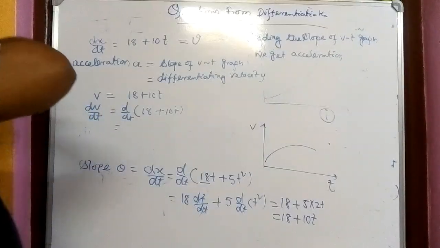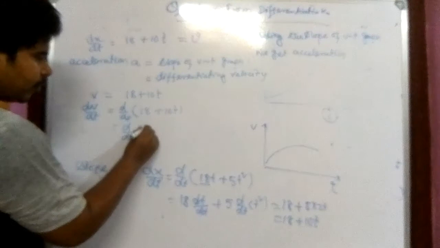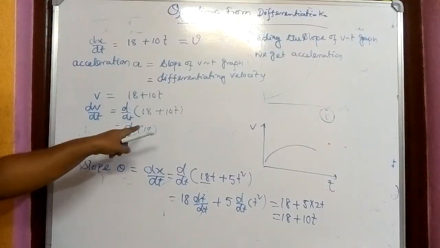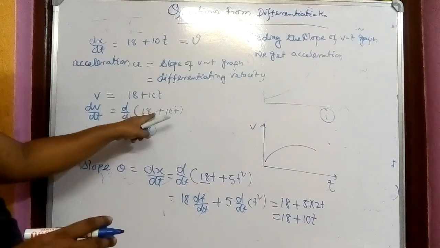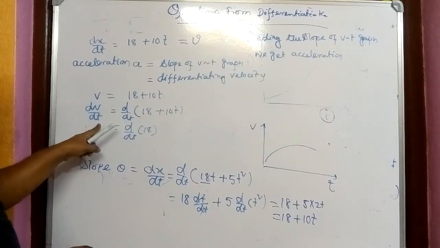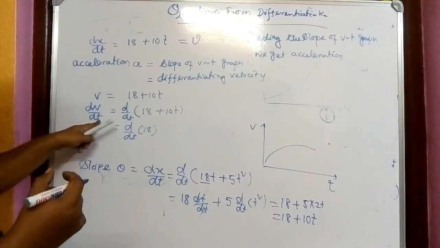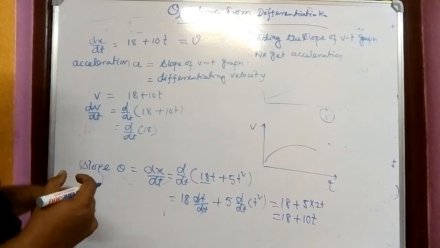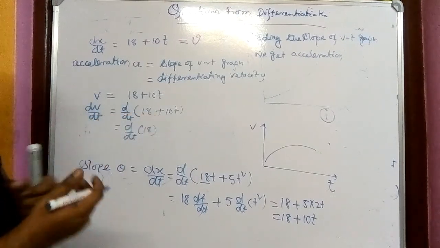So you see d/dt of 18, what is it? It's a constant. Okay, there is no t term, and we are differentiating with respect to t. Differentiating means we are finding by the change of time how much velocity has changed. But you see it is a constant, there is no t term here.